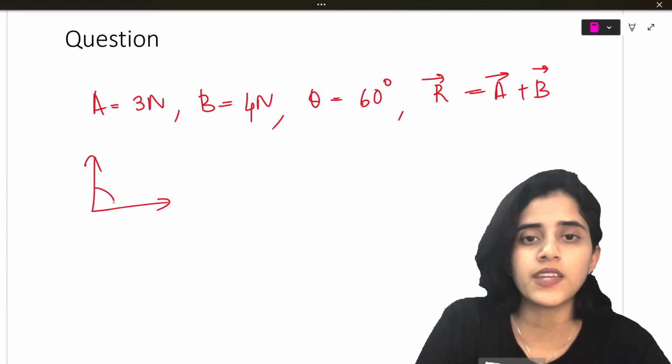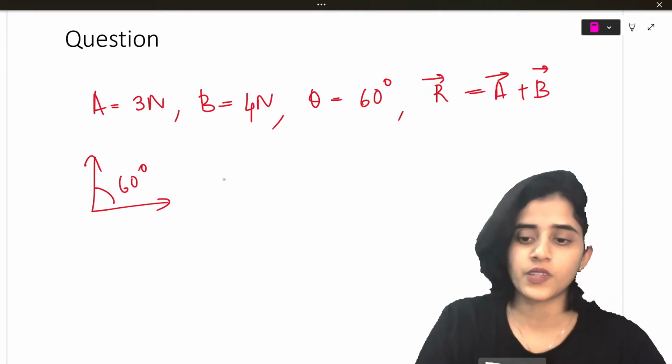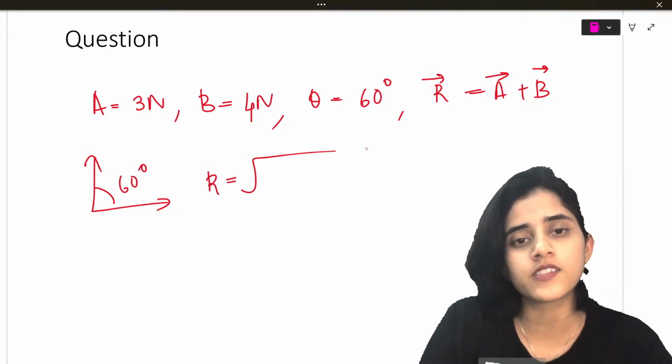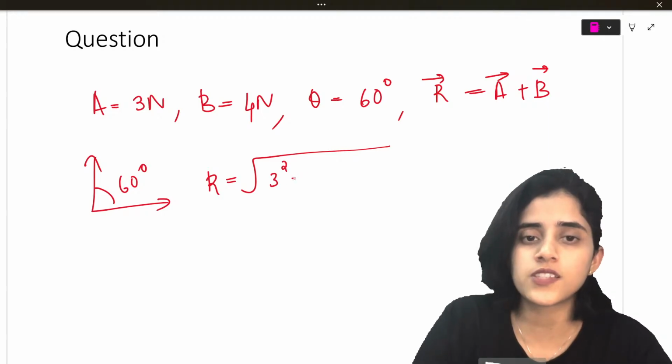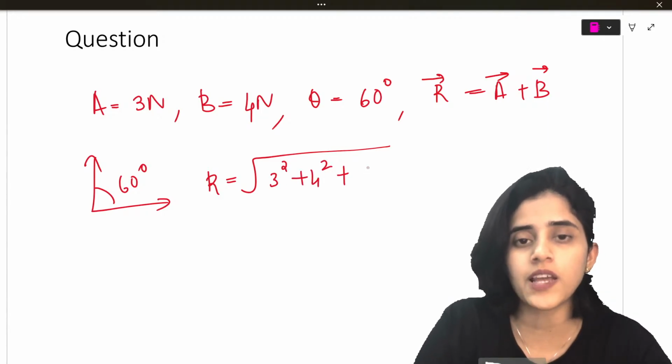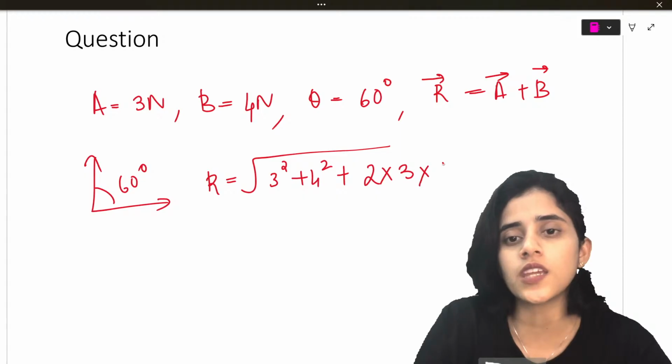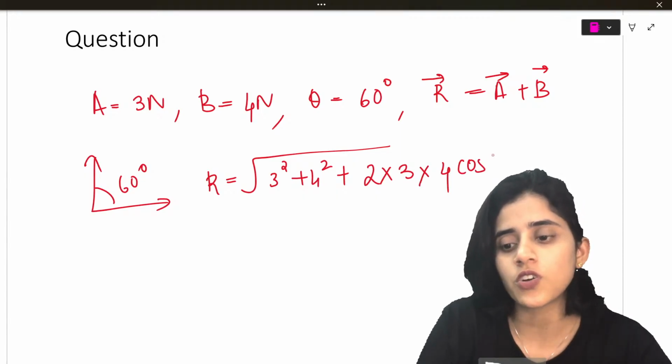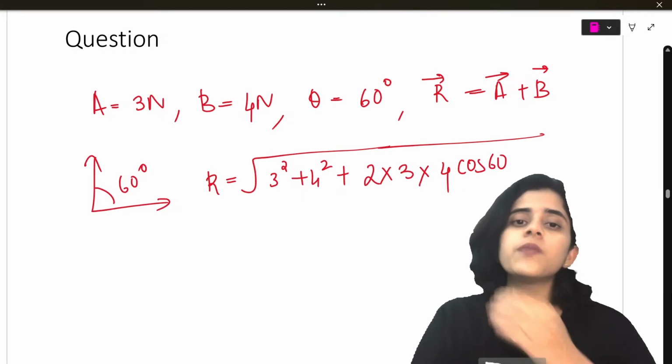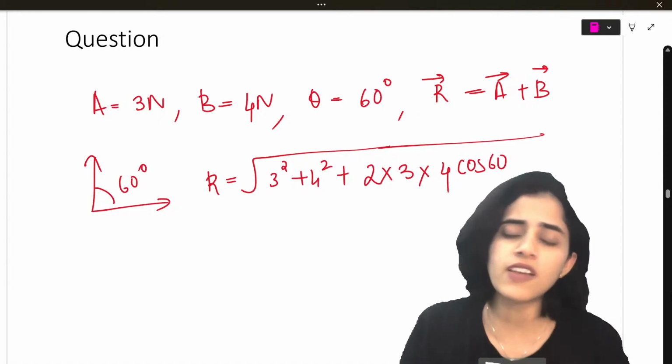You have A and B at an angle 60 degree. So what is R? Square root of 3 square plus 4 square plus 2 into 3 into 4 into cos 60. Now to do the math and solve, I will leave it to you.